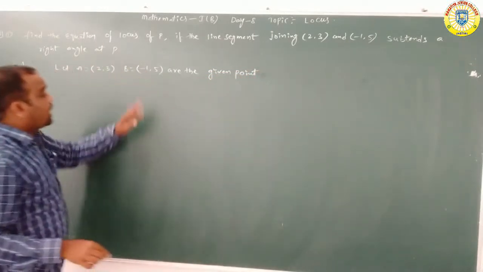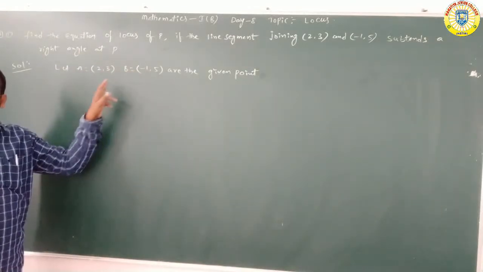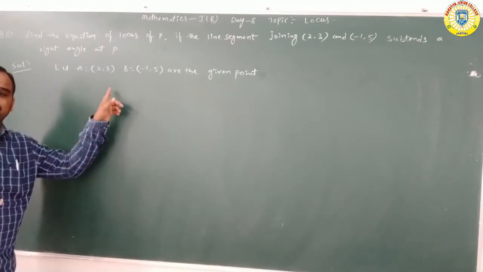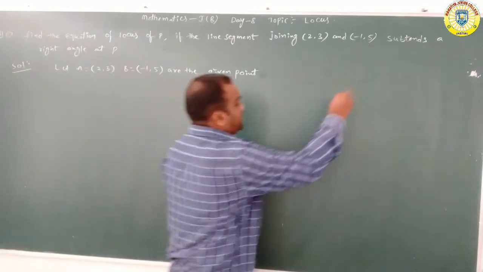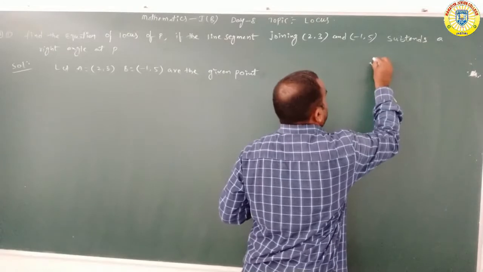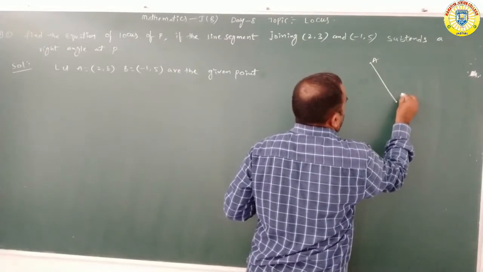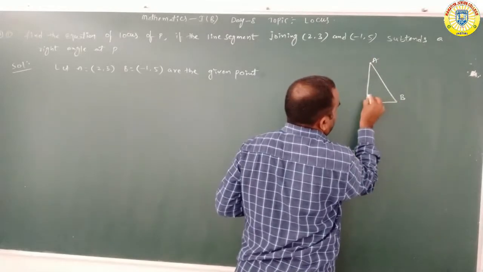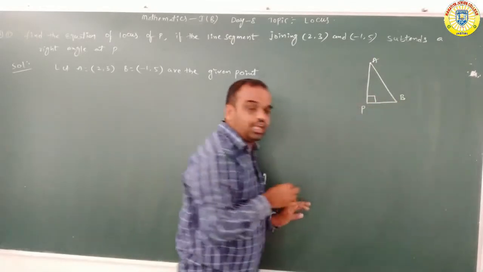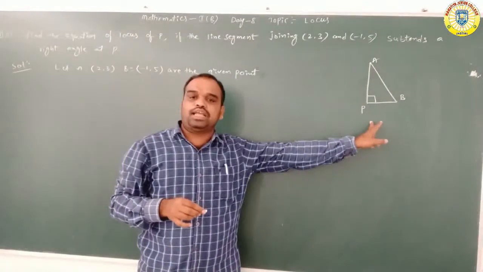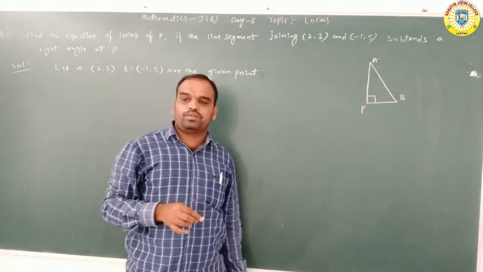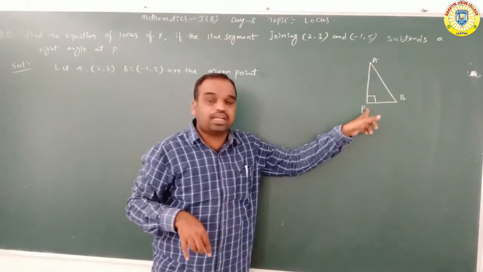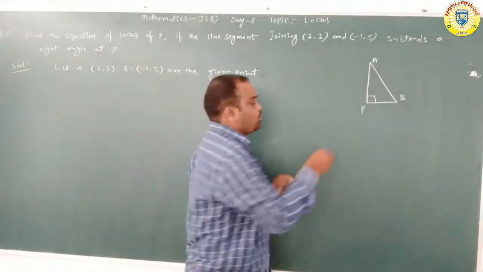The line joining the points A, B subtends a right angle at the point P. So this is the point A and this is the point B, and the line joining A and B subtends a right angle at P. What are the coordinates of P?